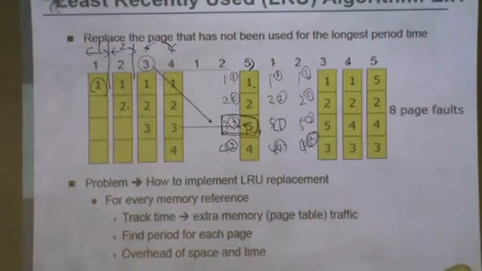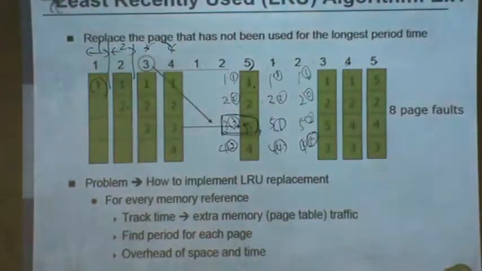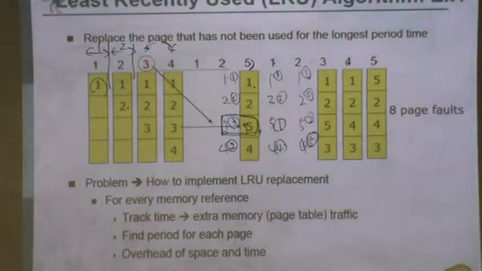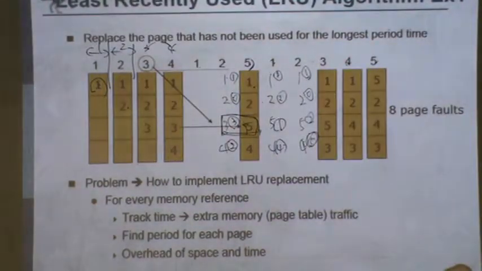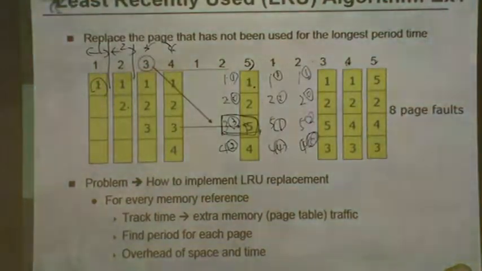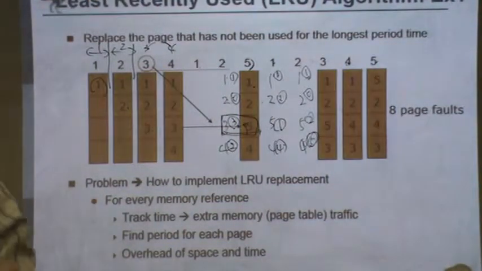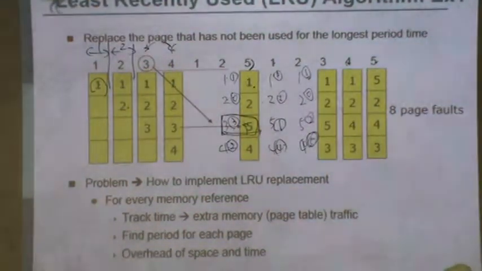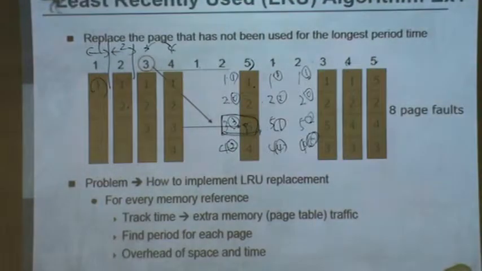Where can you find such a data structure, one where you move to the top or the back? Maybe we can use a linked stack. All of these will be at the bottom; then if there is a reference, we bring it to the top. So the top is the most recently used one, and the bottom is the least recently used one.